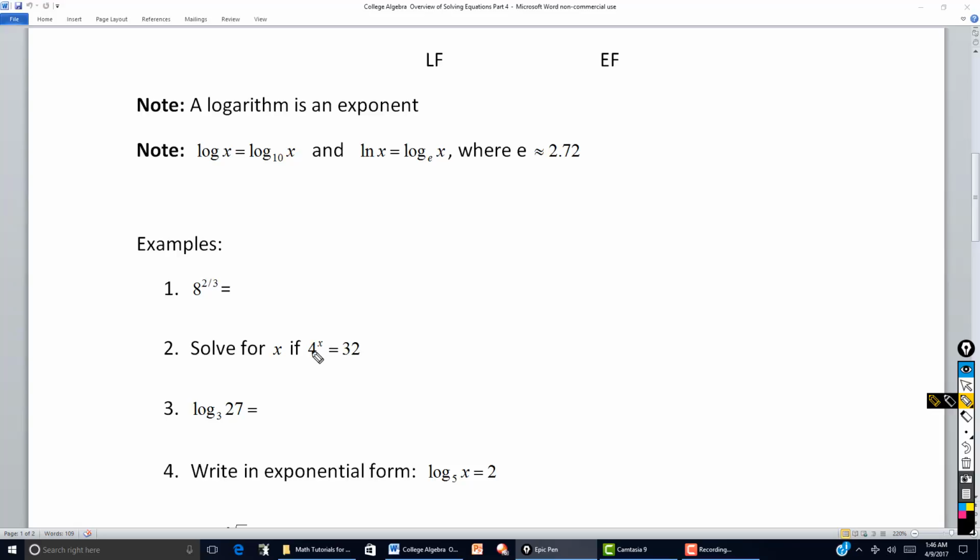So this is what I'm going to do. I'm going to say 4 to the x equal to 32. Obviously, here I don't have the same base, right? So let me write this with the same base. I'm going to say 4 is the same thing as 2 squared, and that's taken to the x power.